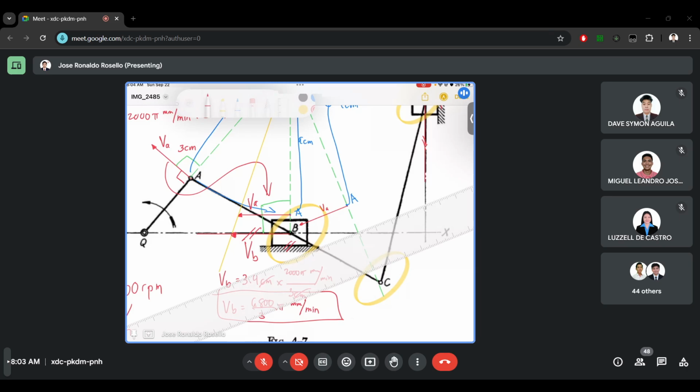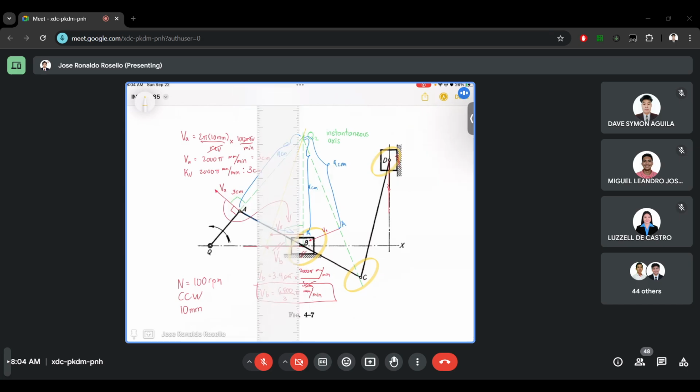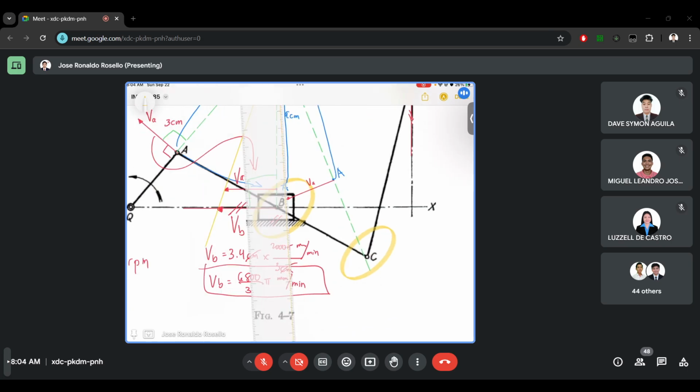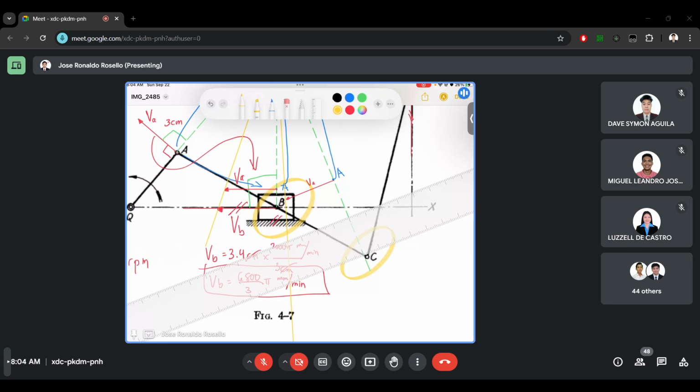Then we'll make the proportionality line to make similar triangles. From Q, let's make it intersect the end of point A. And once we have this, let's now have it intersect the vector from point C. So from point C, the vector should also be perpendicular because we are making similar triangles.